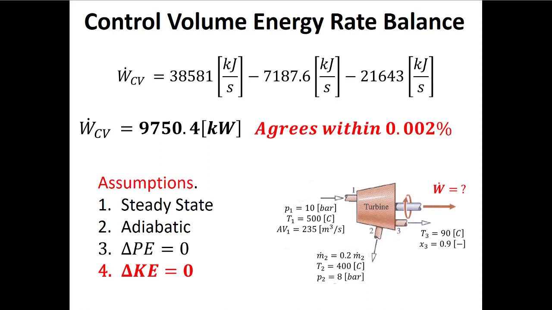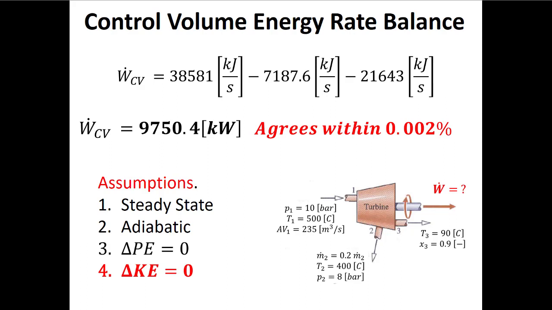Hopefully, from this example, you've seen a couple of things. First, how we take the first law after we've done conservation of mass in an open system, manipulate it with different assumptions, get to an equation, and then put information into that equation so we can find the power in this case.